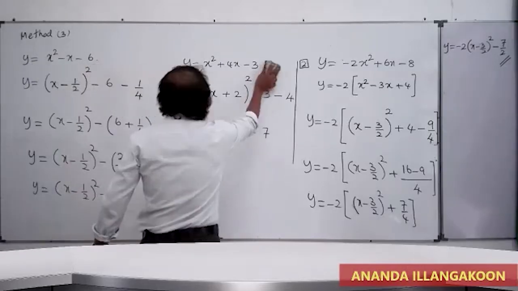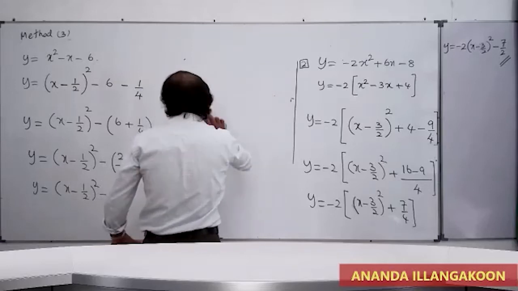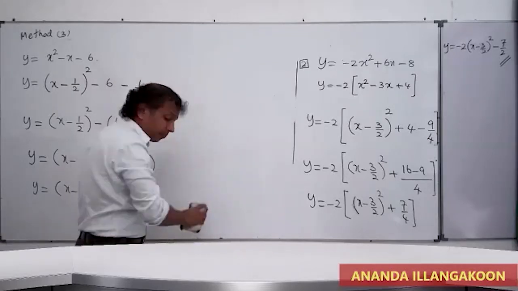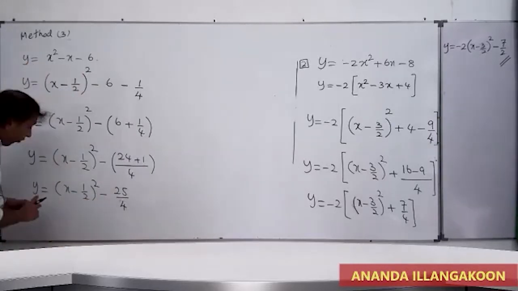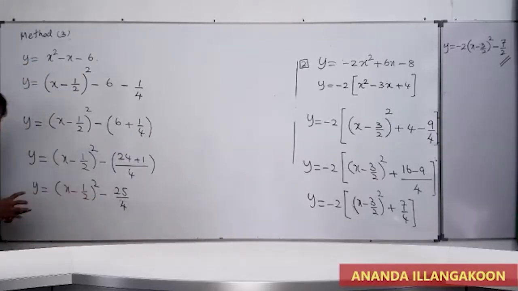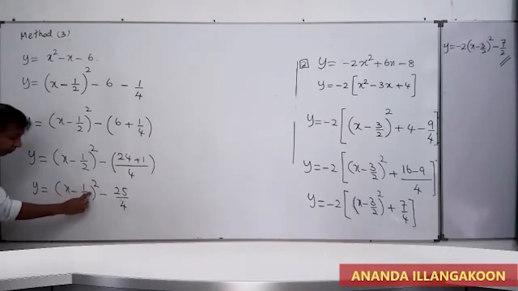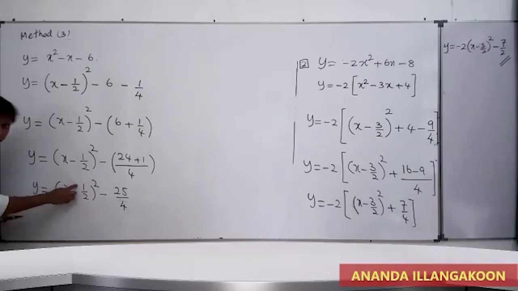Now I am going to tell you how to find the vertex. People, the coordinates of the vertex can easily be obtained like this. Within the bracket, the second number, this one. Change the sign of this to the opposite. Then take this value. Here we have minus 1/2, no? Change the sign to the opposite.